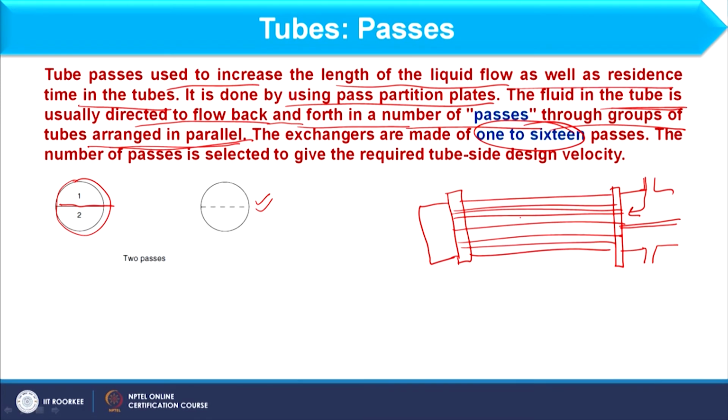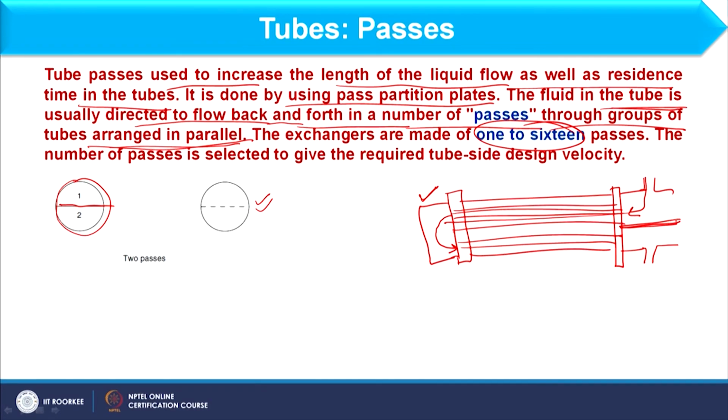Fine. So liquid will flow in this tube, and here I am not having any, and on this side I am not having any partition plate. So whatever fluid is coming will definitely go in this direction; there is no other direction. Okay. So this dotted line shows that the partition plate is available on another side, like here.